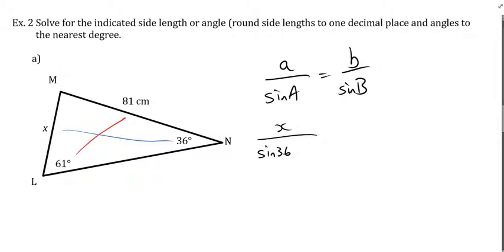I'm thinking about how it's always sine of an angle, or cosine of an angle, or tangent of an angle, right? And so 36 is an angle, so sine of 36 makes sense. Equals b, which is 81 over sine of, again, an angle, 61. You can't do sine of 81. That's a side length that makes no sense.